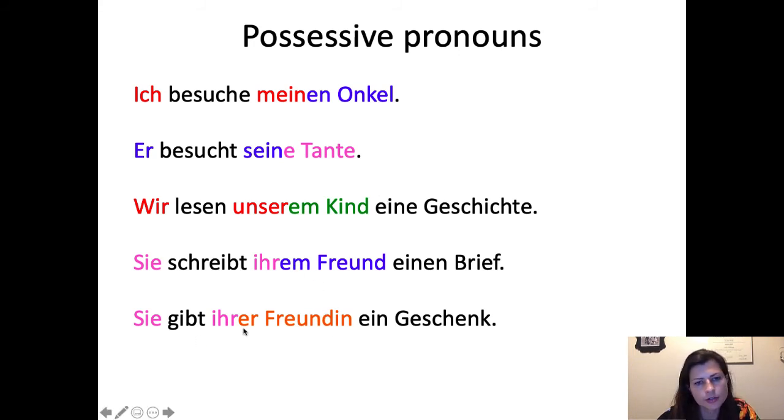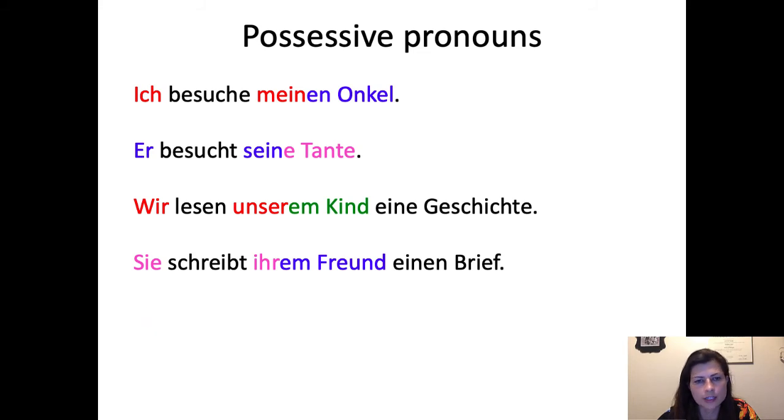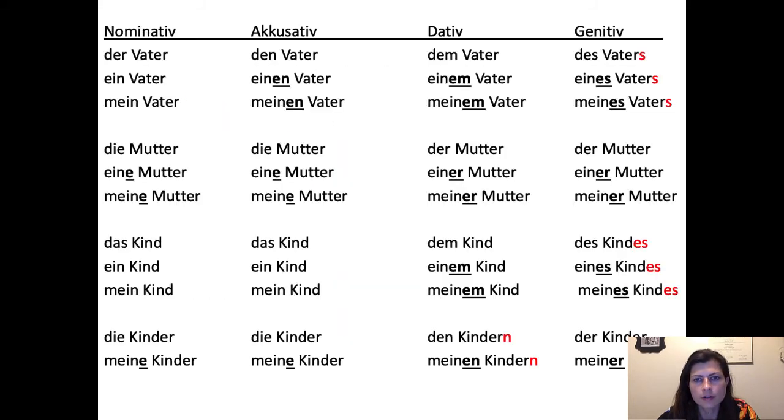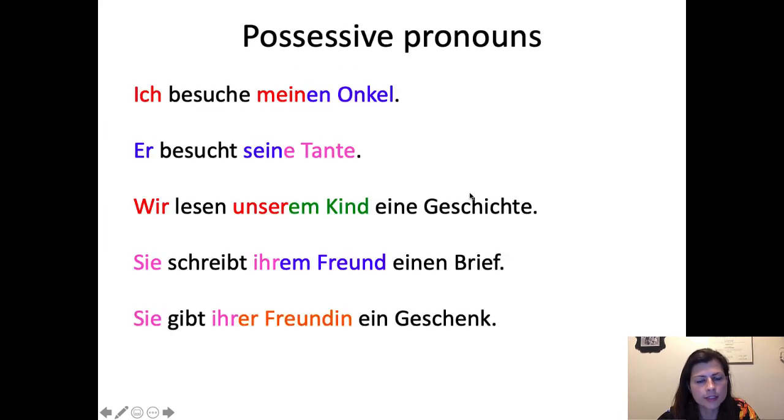She gives her female friend a present, or maybe she gives her girlfriend a present. And so then the ending has to match the dative feminine thing that comes next. Dative feminine. Einer, meiner. So then, of course, ihrer.